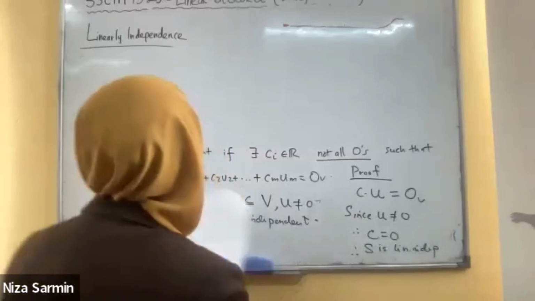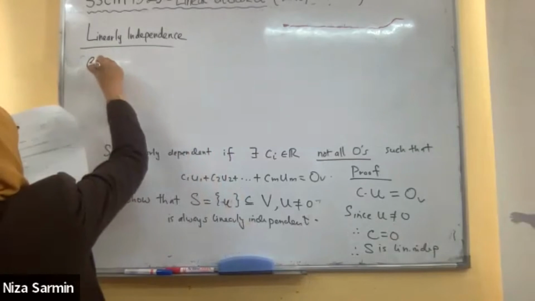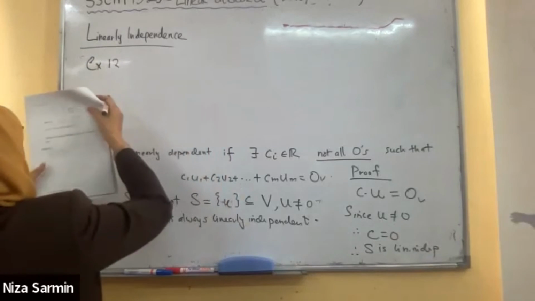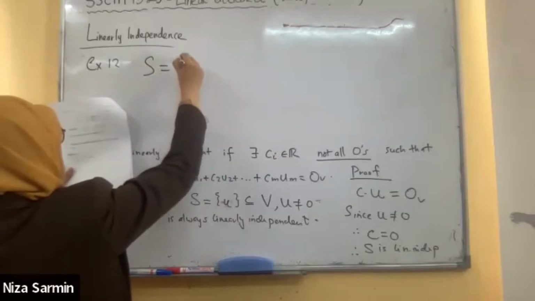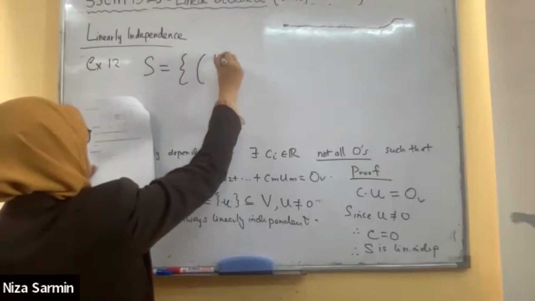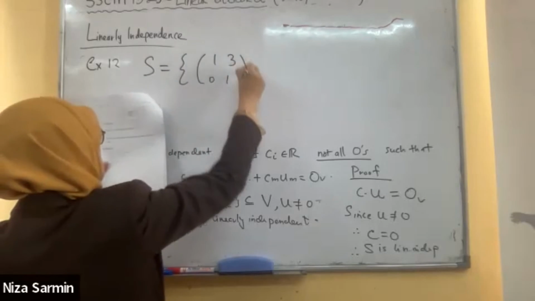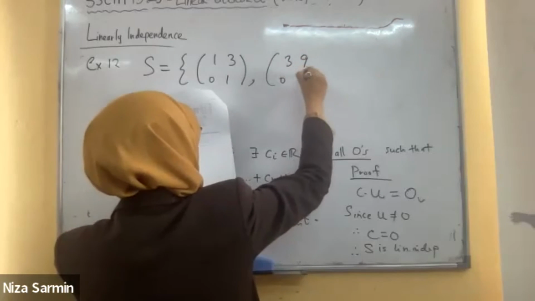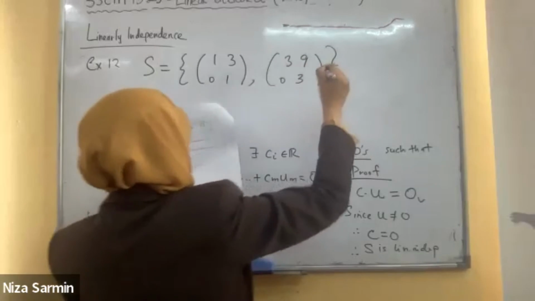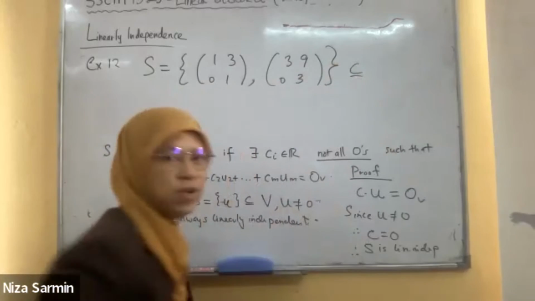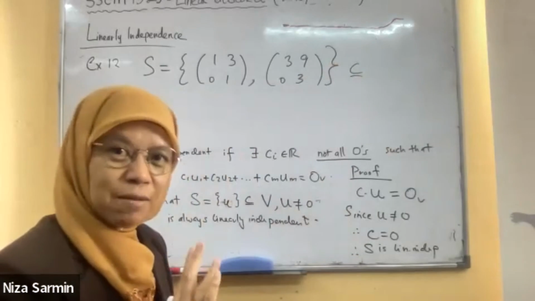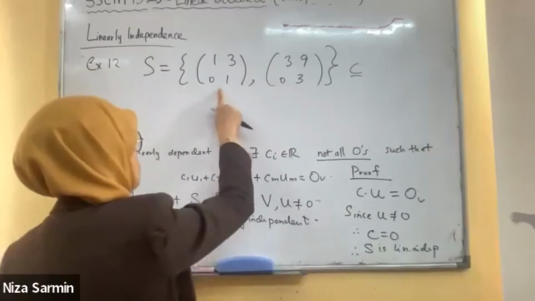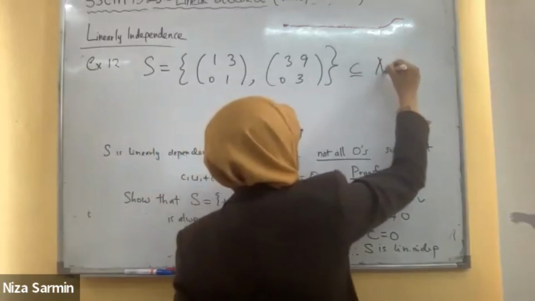Exercise 12 here. S equals {(1, 3), (0, 1)}, {(3, 9), (0, 3)}. So if you are not given the V, this looks like a matrix, right? So this is a matrix 2 by 2.